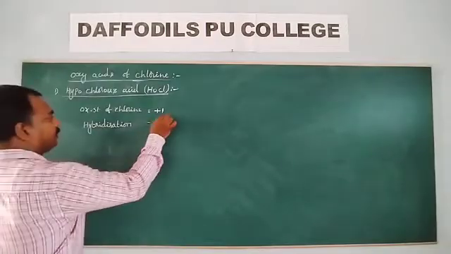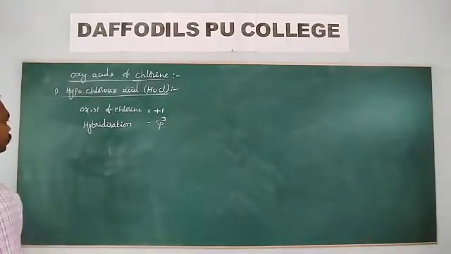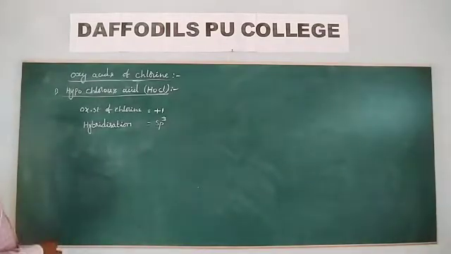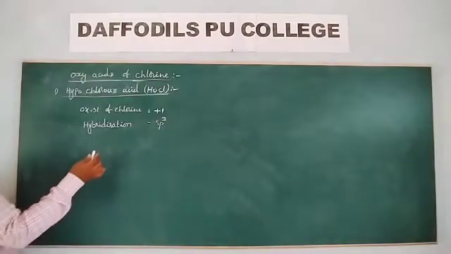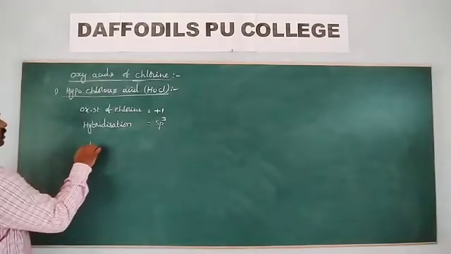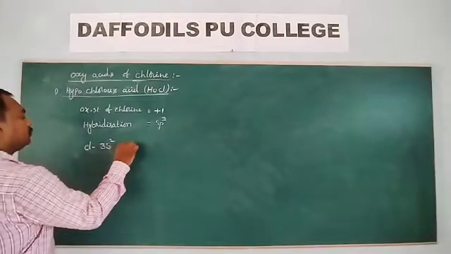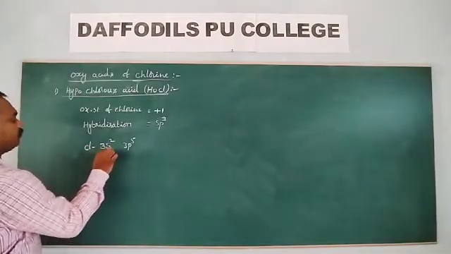This HOCl is formed in the ground state of chlorine. So take the chlorine electronic configuration: 3s2 3p5.